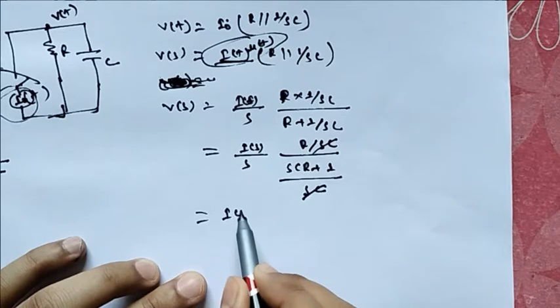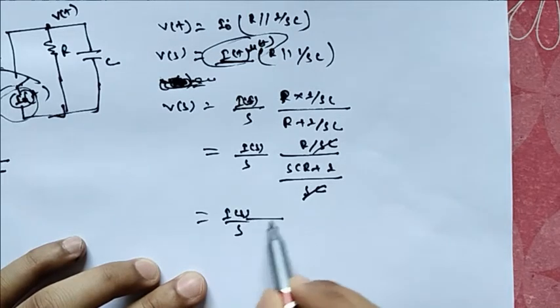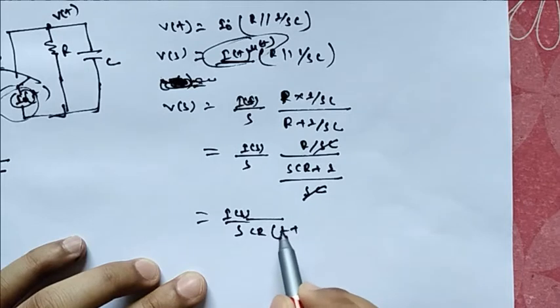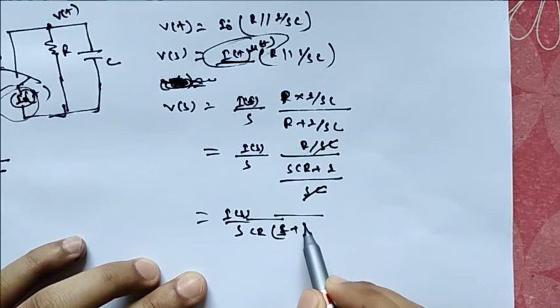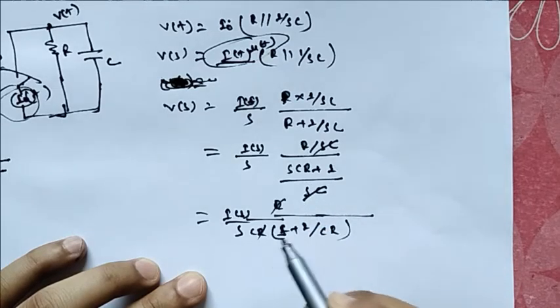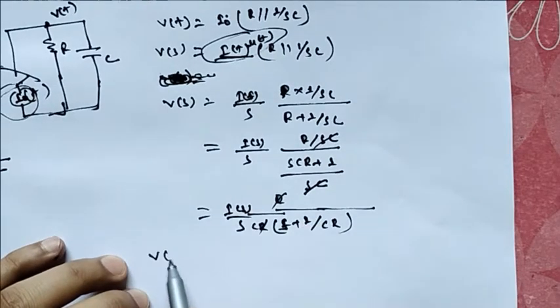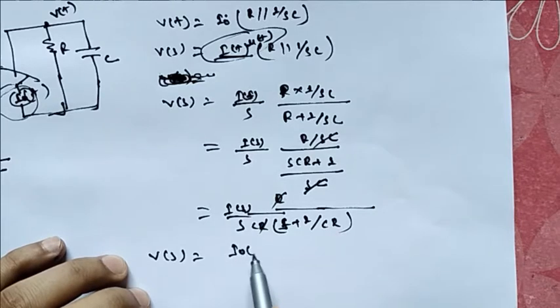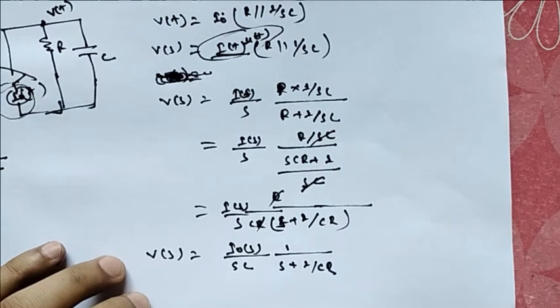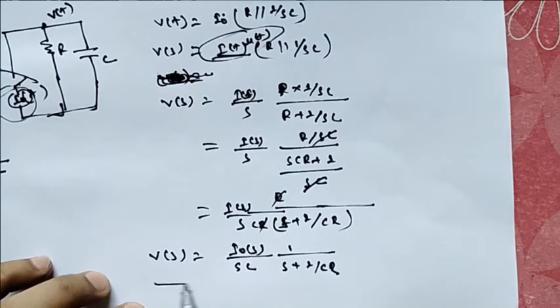Taking the common CR out, 1 by S plus 1 by CR is one factor, and then V of S is I naught by Sc into 1 by S plus 1 by CR. Now this we are going to get as V of S.